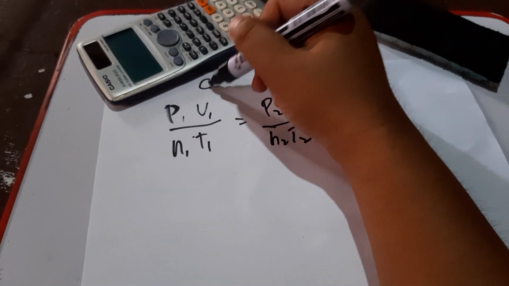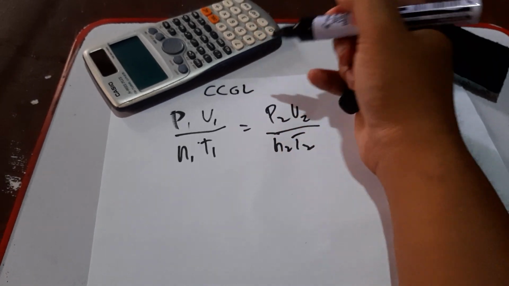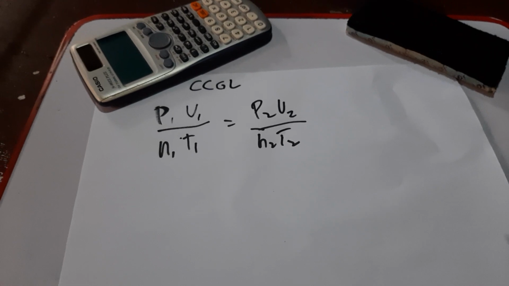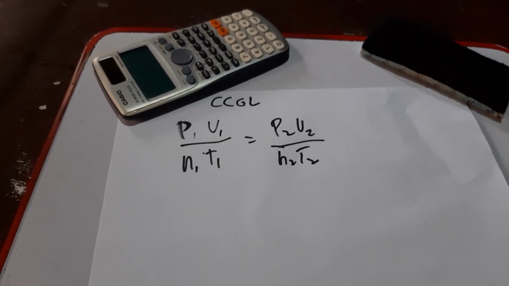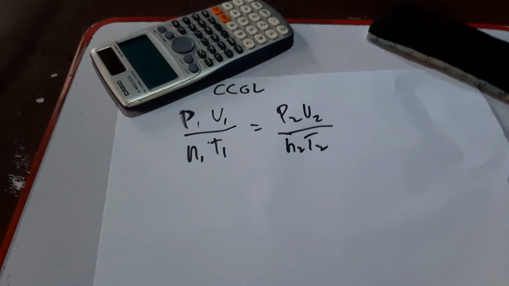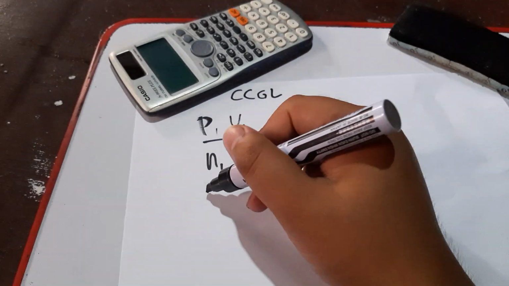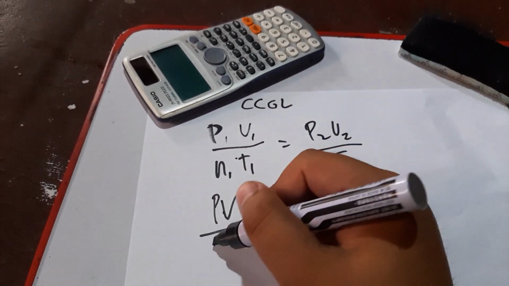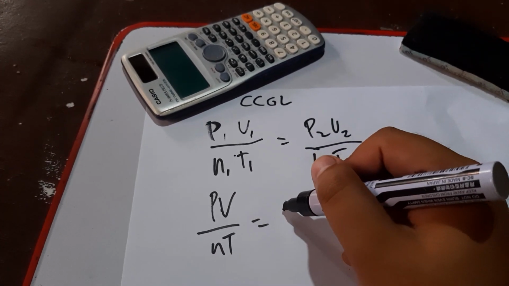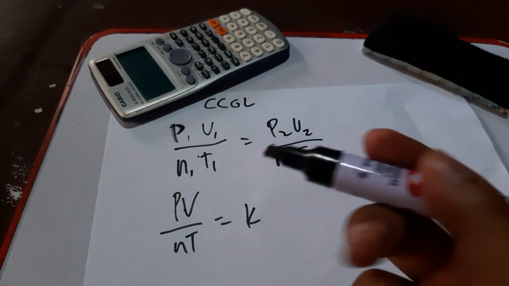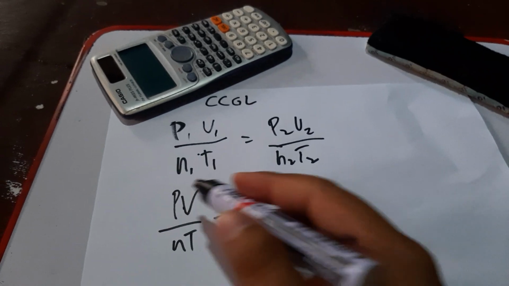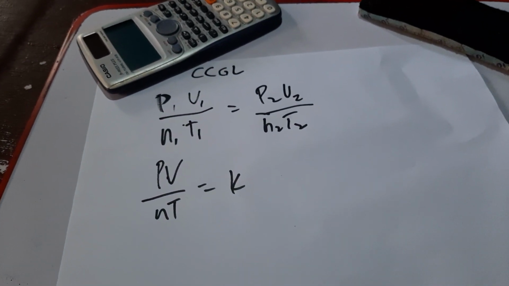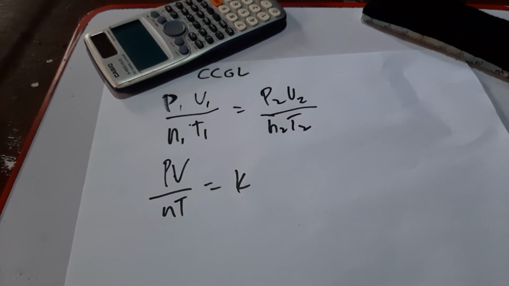This is not the official name yet, but we combined Avogadro's law and the combined gas law, so I simply call it the combined gas law. Now, if I have to rewrite it in a single equation, PV over NT is equal to a constant, a random constant, as long as we follow the specific units, the correct terms, etc.